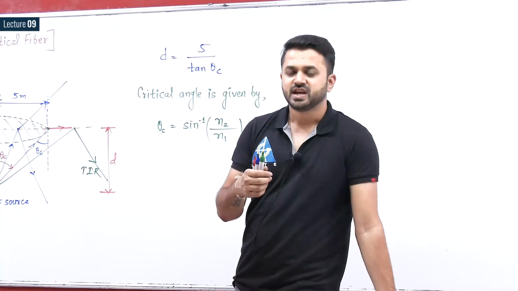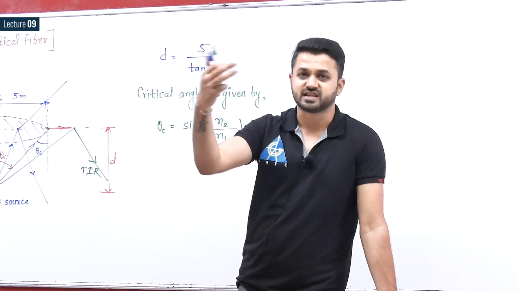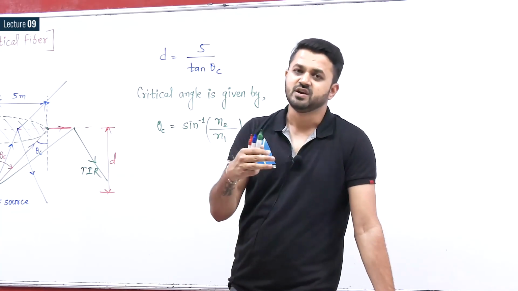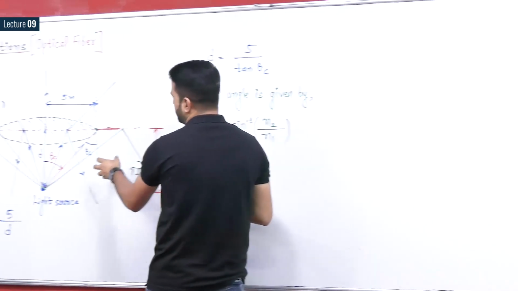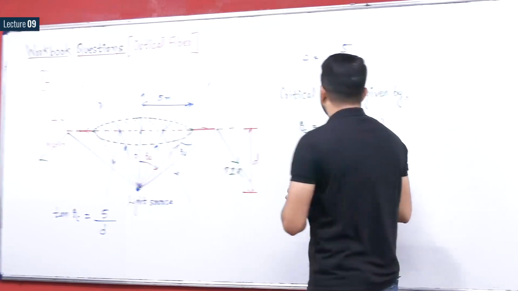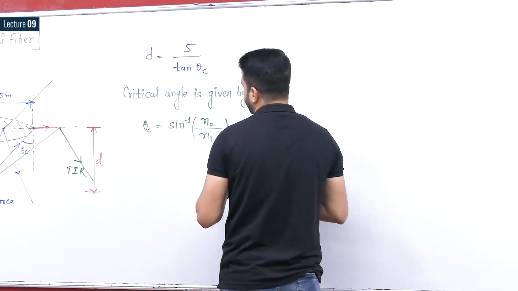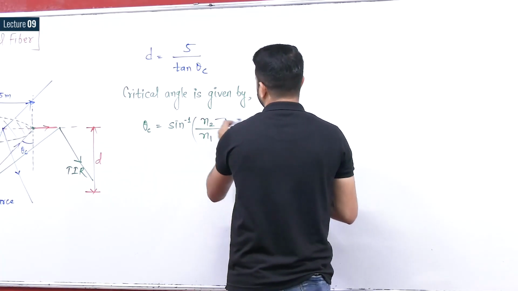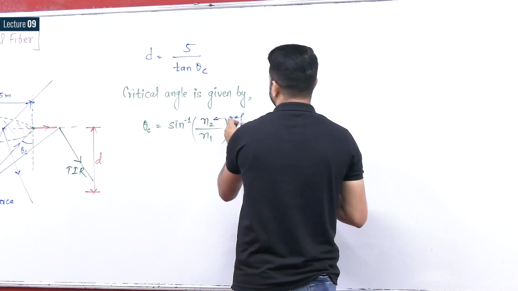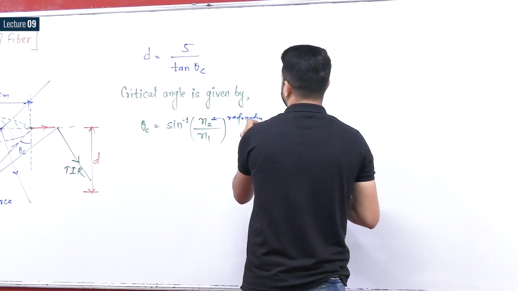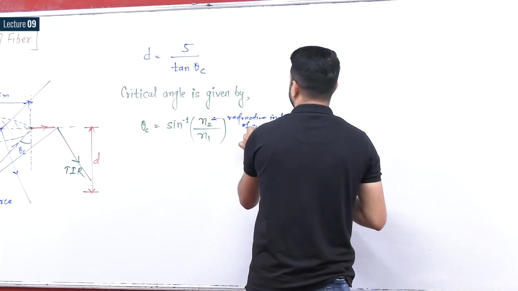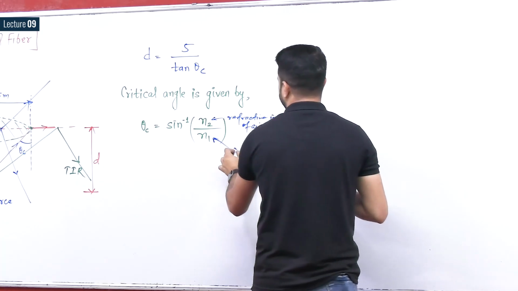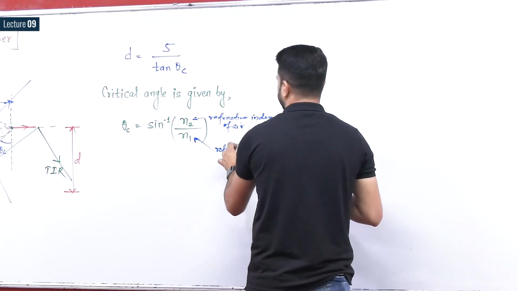The second medium is the one in which the light is transmitted, and the first medium is where the light is generated. So light is moving from the water to air. So this n2 is the refractive index of air, and this n1 is the refractive index of water.